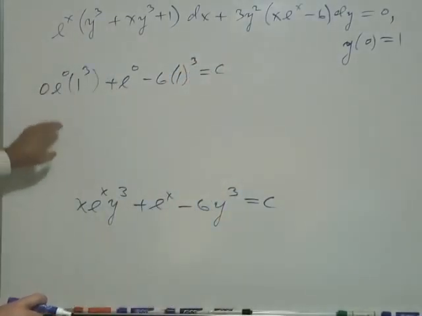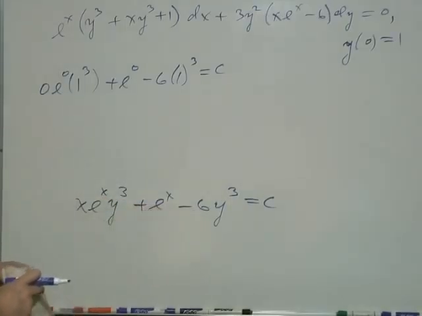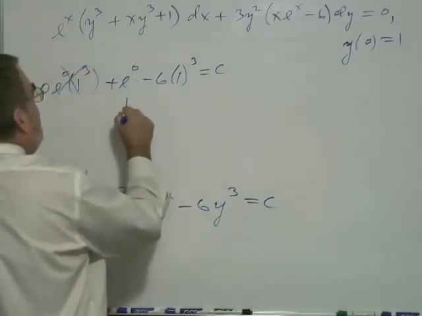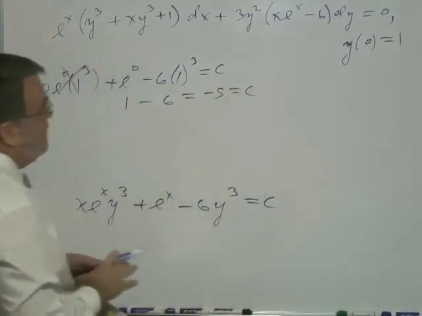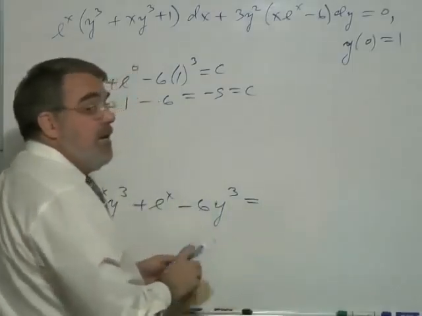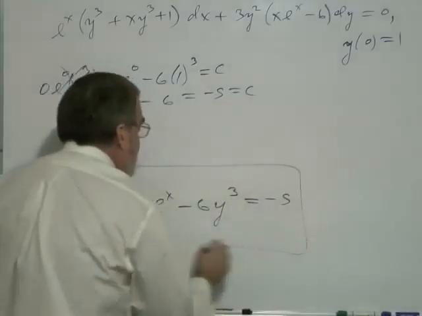So I let x equal 0, I let y equal 1, and this is 0, that's gone. 1 minus 6 is negative 5. So this number is going to be -5 in order to fit everything. And there's the answer to the problem.